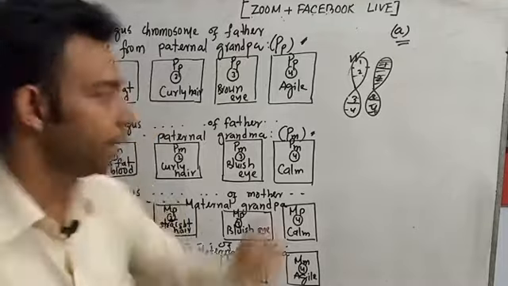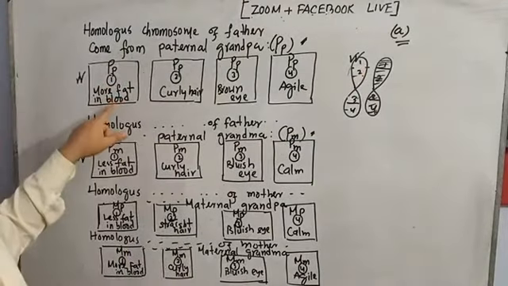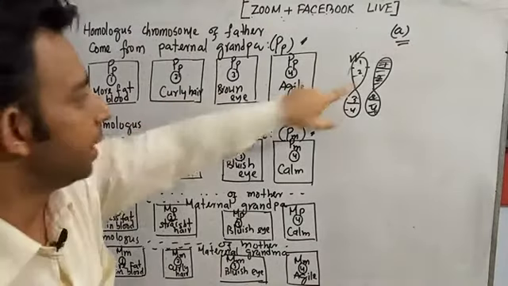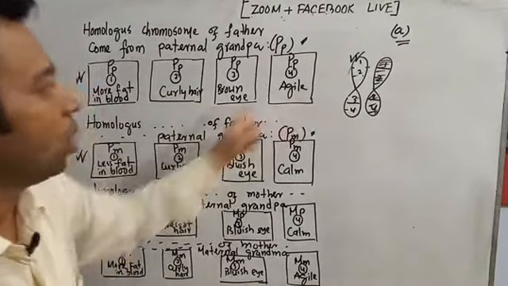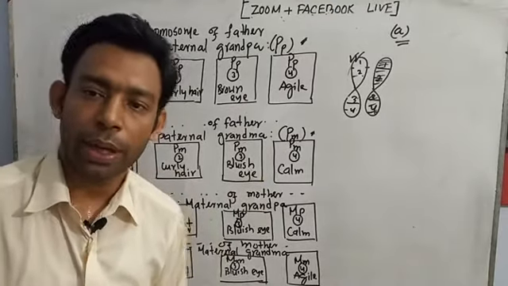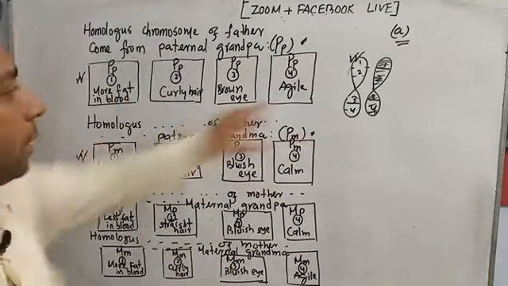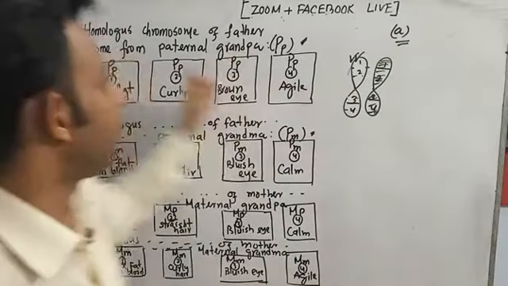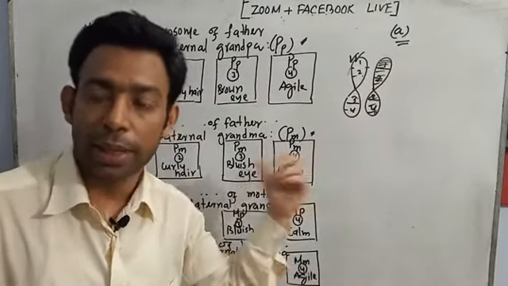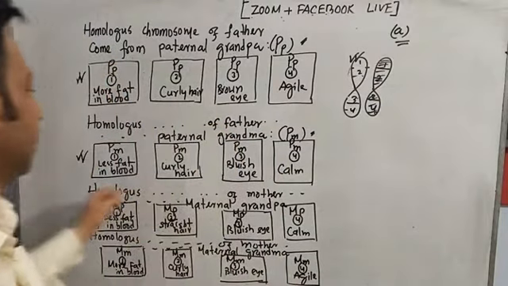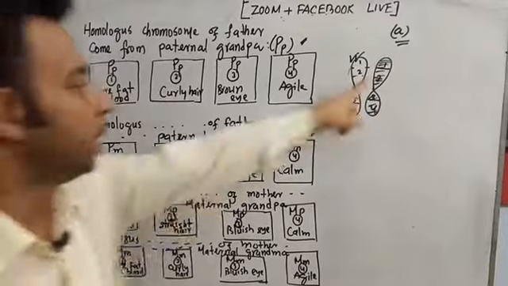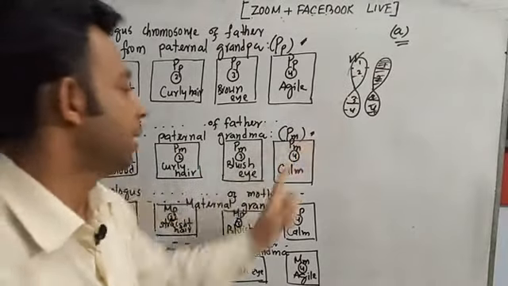One feature can be more fat in blood. Second, curly hair. Third, brown eye. Fourth is agile. Similarly, the one the father got from his mother, the paternal grandma, has less fat in blood, curly hair, bluish eye, calm.